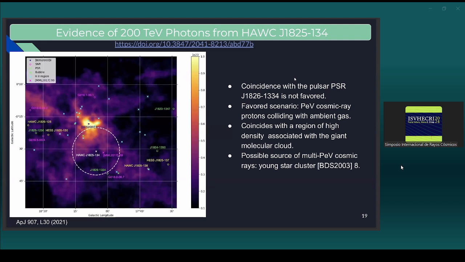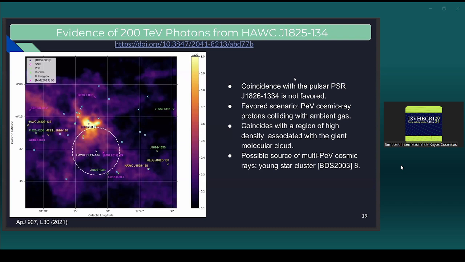And what we have is that there are a lot of sources again. There are many pulsars. And one thing that we have here is a region that is associated with a giant molecular cloud. So we check whether the leptonic or hadronic model was favored. And what we have is that the favored scenario was PeV cosmic ray protons colliding with the ambient gas.